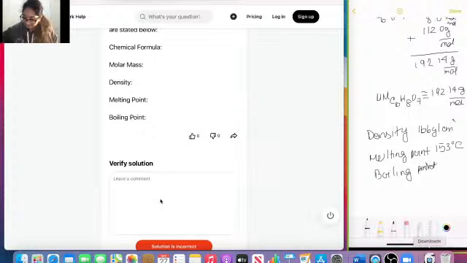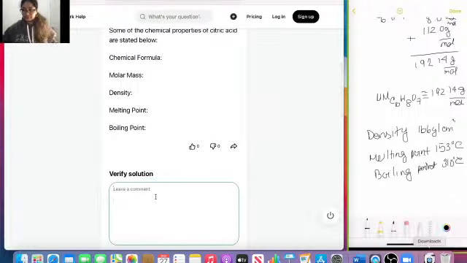The boiling point is 310 degrees Celsius. Okay, so I'll just write.